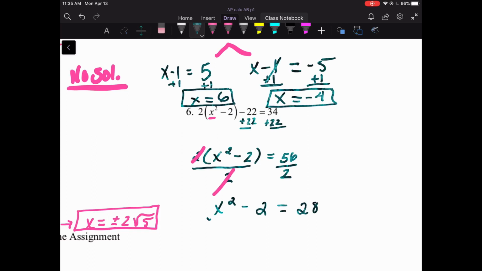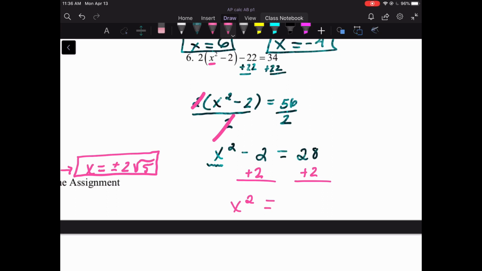Now we almost have the x squared term alone. Get rid of the 2 by adding it to both sides. And you're left with x squared equals 30. To get x alone, square root both sides, plus or minus, and simplify.